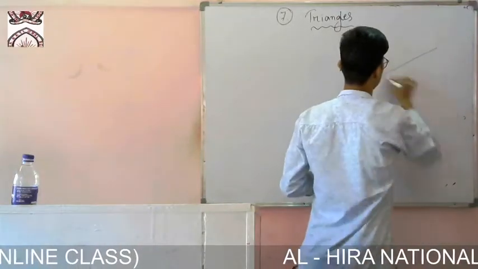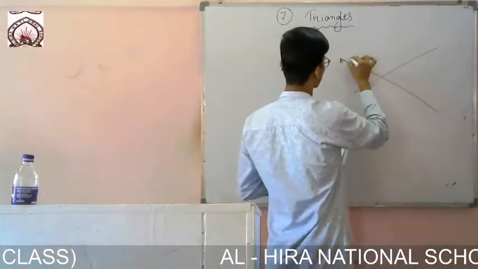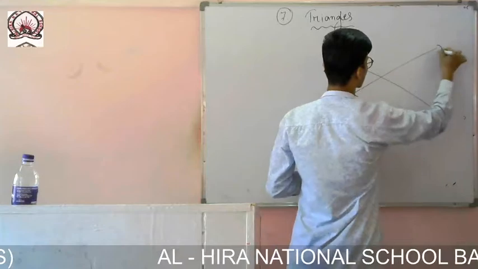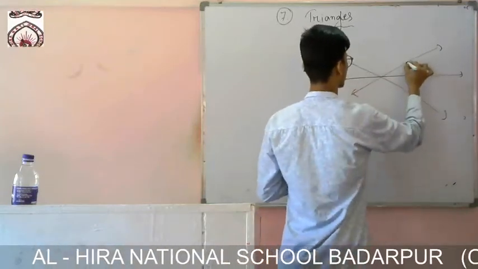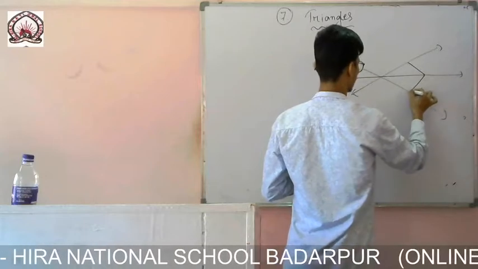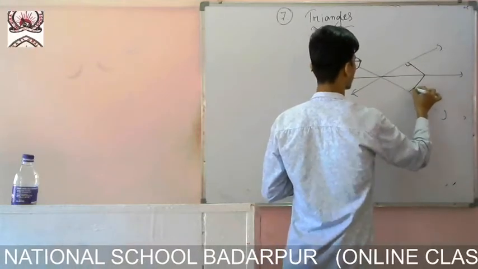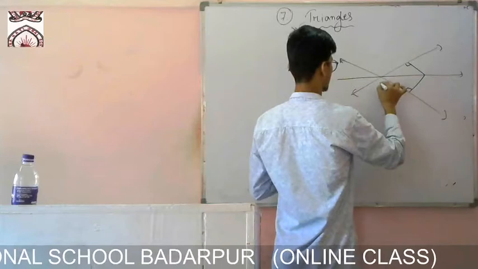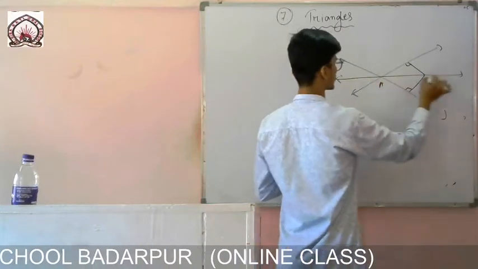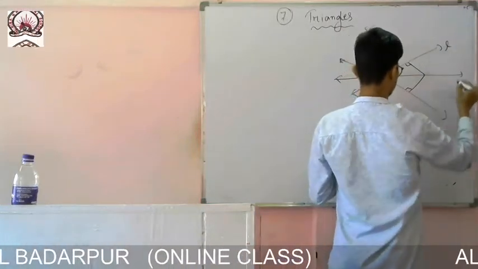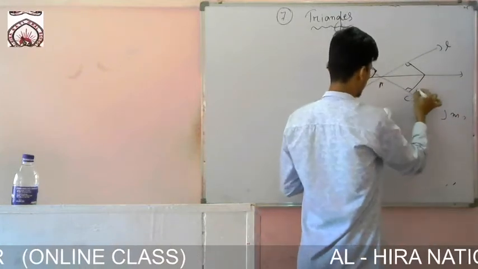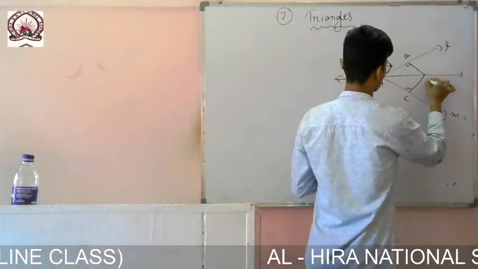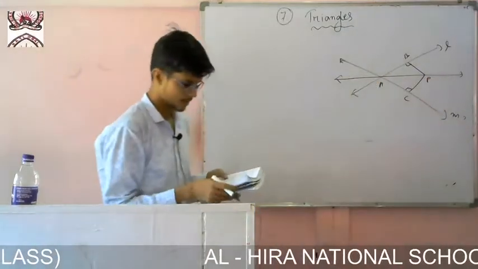So see the figure. Given: this one L, this one M, and C and P, and this one P. So this is the figure. Okay, I have drawn it from your book.